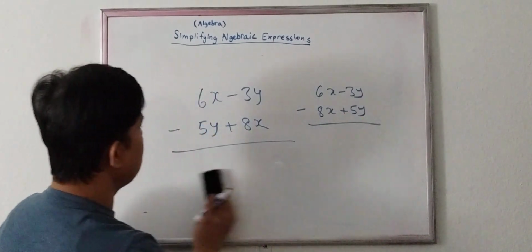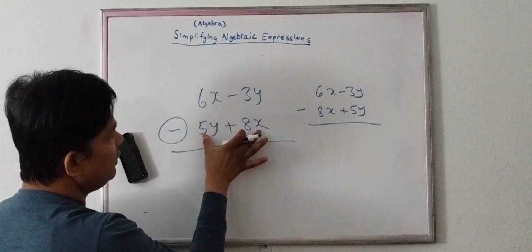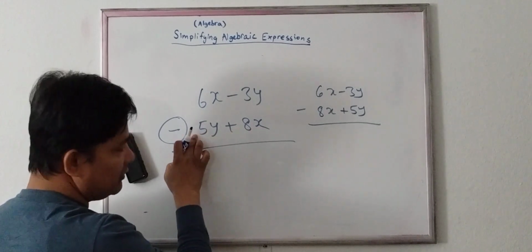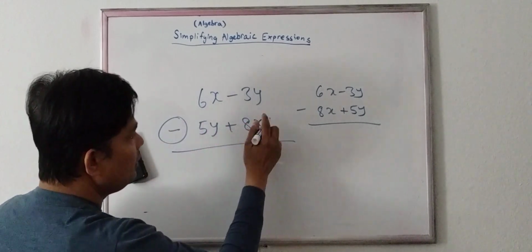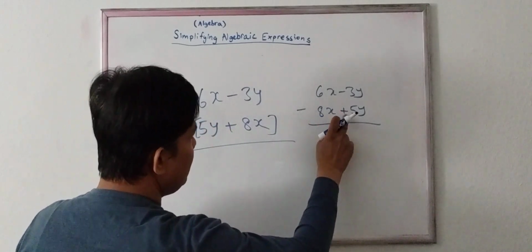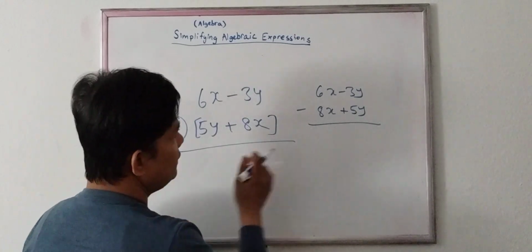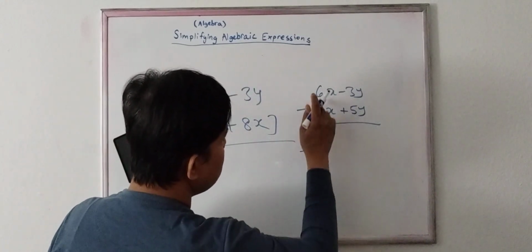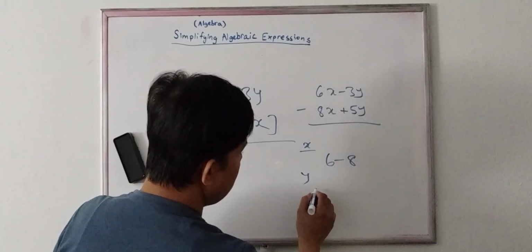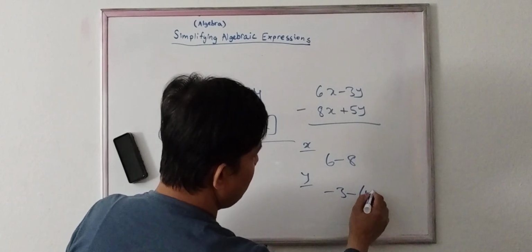Okay? Got it? This is the operation I have to apply to 8x plus 5y. This is not 8x minus 5y. Minus is in front of the whole thing, so that's why it remained 8x plus 5y. Now solve it. For x, what I have to do? 6 minus 8. And for y, minus 3 minus plus 5.